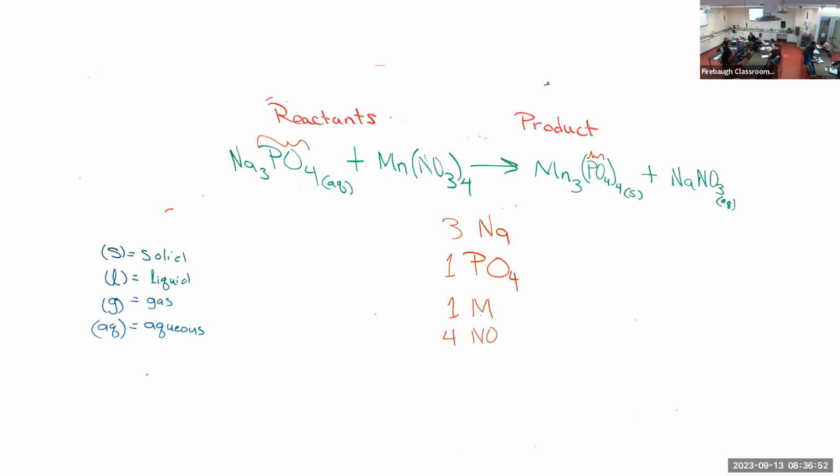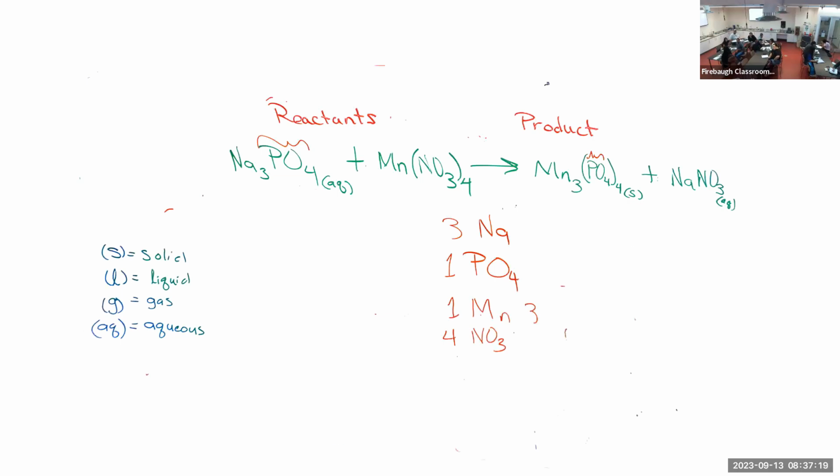Okay, now we go to the other side. How many Mn do I have? 3, because the subscript is right next to the element that we're talking about. Mn, 3, right? Now this is acting as a unit. How many PO4s do I have?